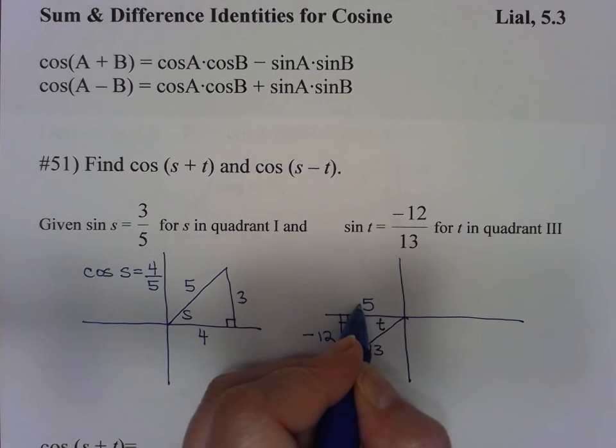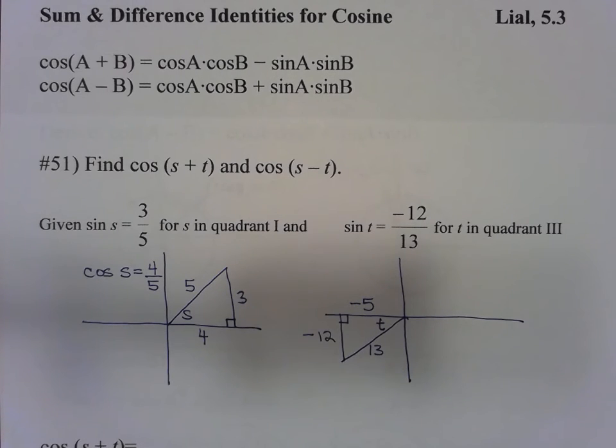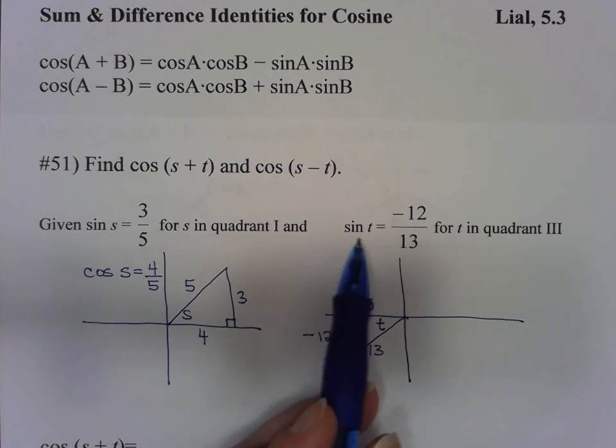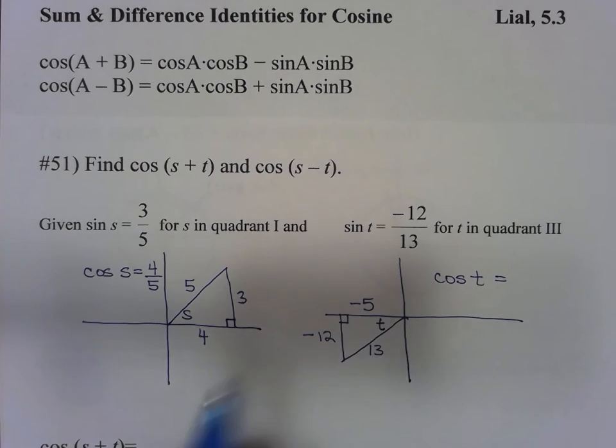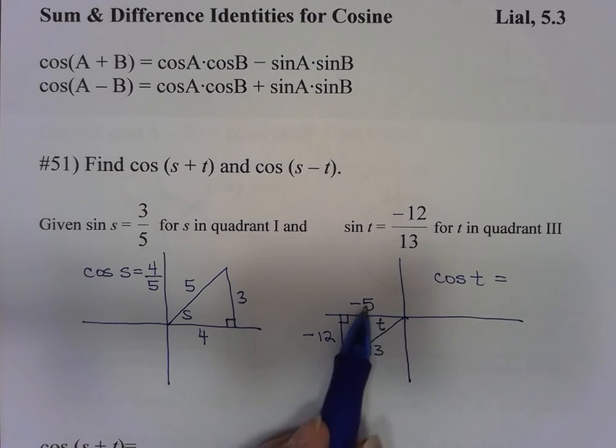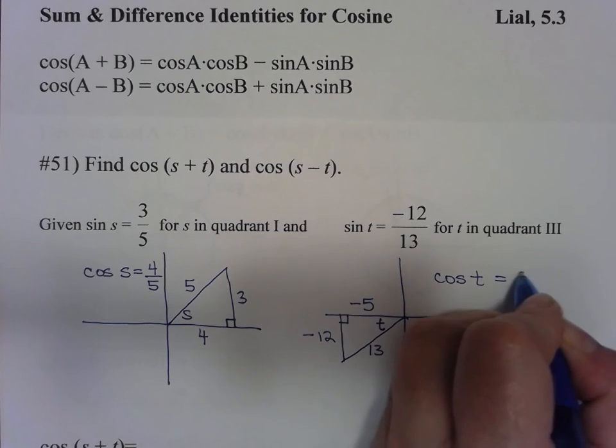Right? We are in quadrant 3, so this actually should be a negative 5. So same thing here. We have the value for the sine, but we need the value for the cosine. So let's jot that down. The cosine of T will be negative 5 over 13.